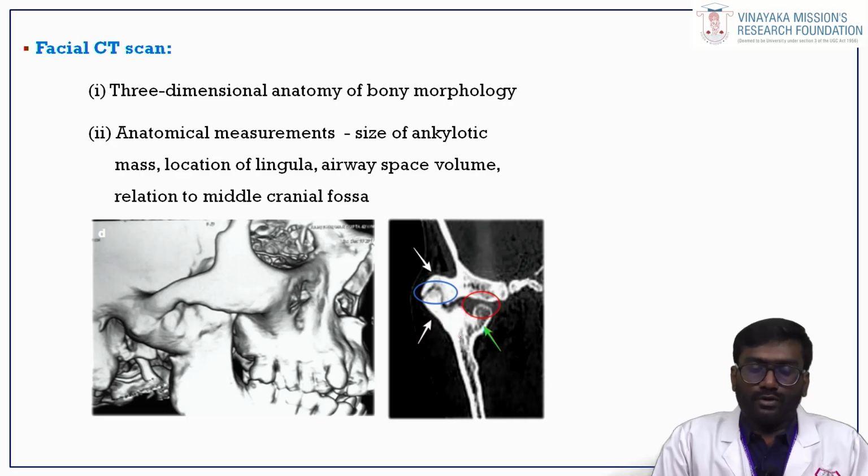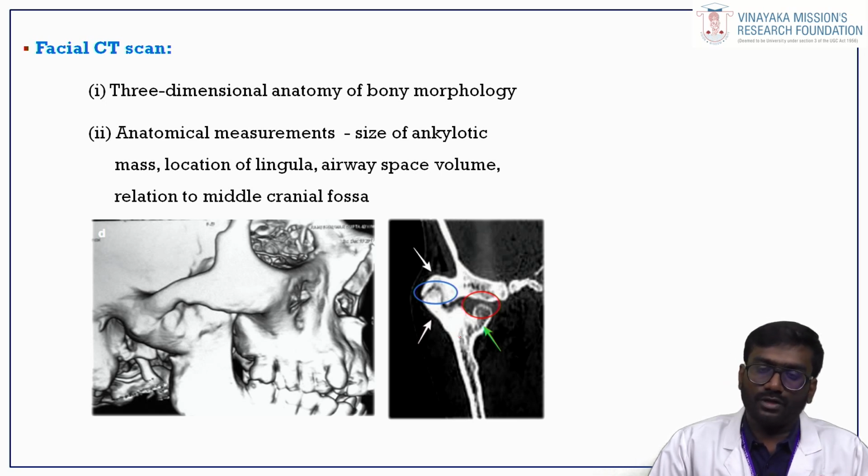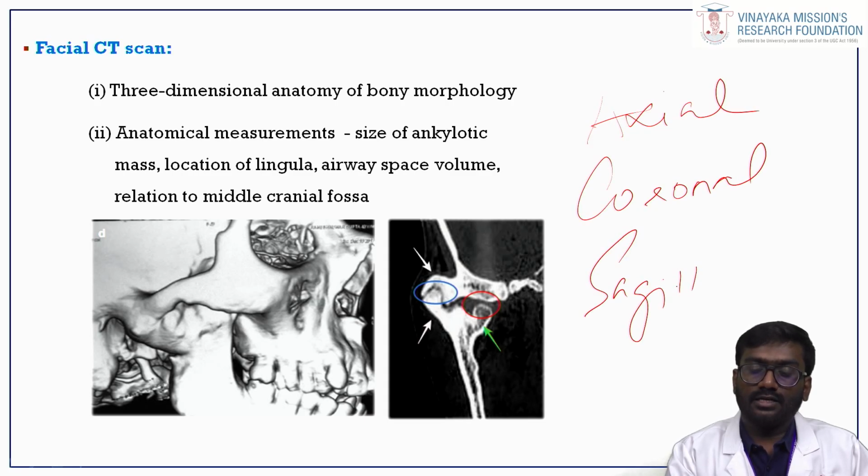But with the advent of computed tomography, the gold standard is to take a CT scan. The CT scan will give us an idea of the three-dimensional anatomy of the bony ankylosis. You have three sections in a CT: the axial section, the coronal section, and the sagittal section.